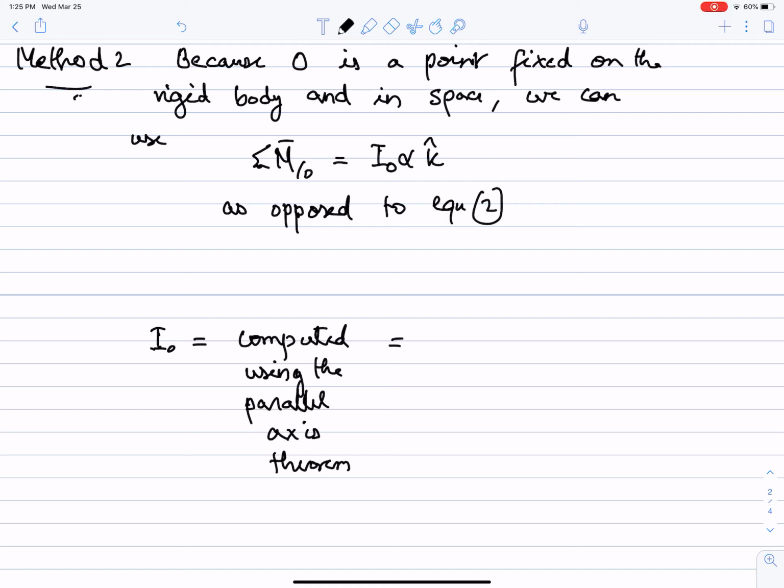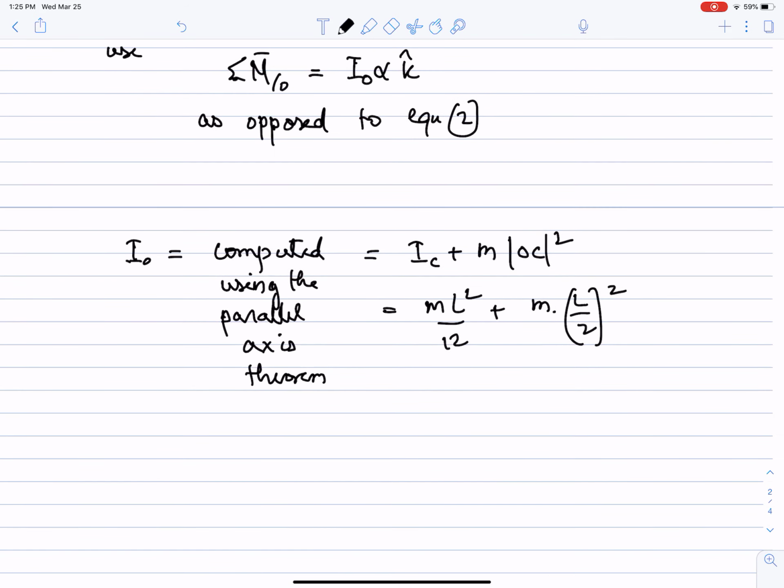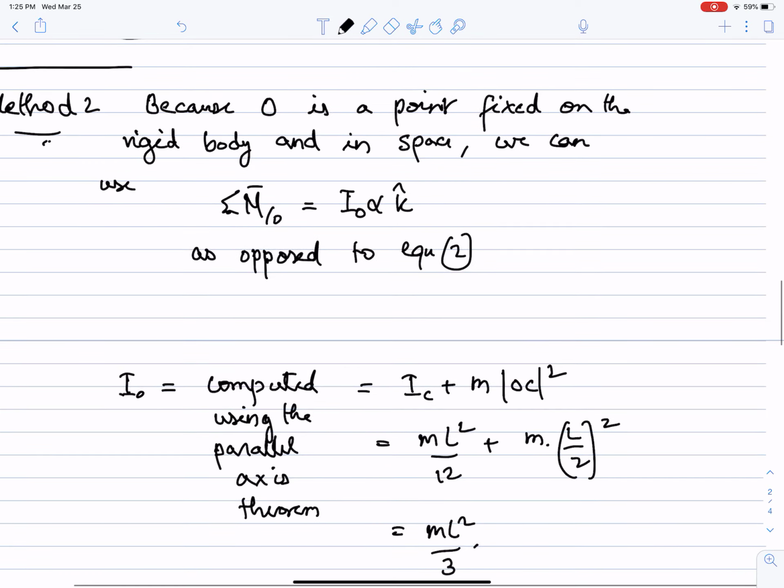It is basically I_C plus m O_C squared. So that's equal to m L squared by 12 plus m L over 2 whole squared. And if we simplify that, we will actually get m L squared by 3. So that's going to be I_O.